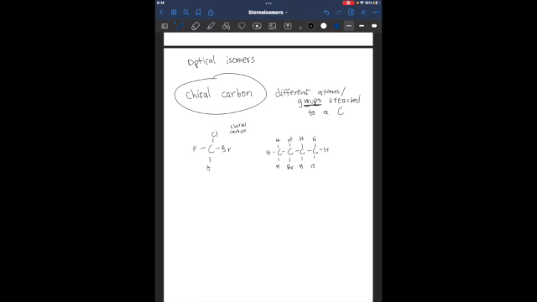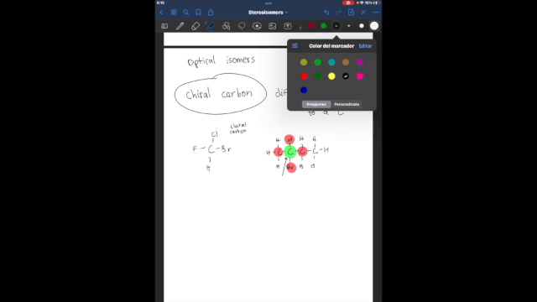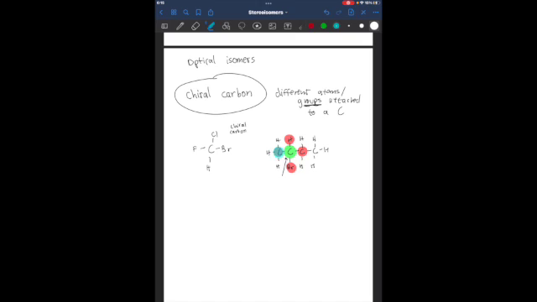Okay, so I want to take a look at this carbon specifically. This carbon, well, it's attached to a hydrogen and a bromine. So those are two different things. And then it's attached to a carbon and a carbon, but let's see if those two carbons are the same. Well, it turns out they're not. This carbon is just a methyl group, it's CH3.